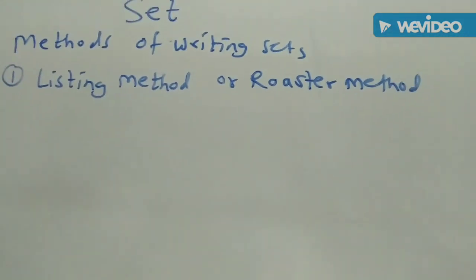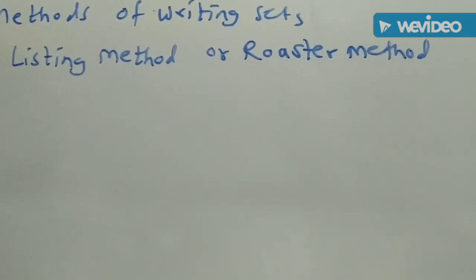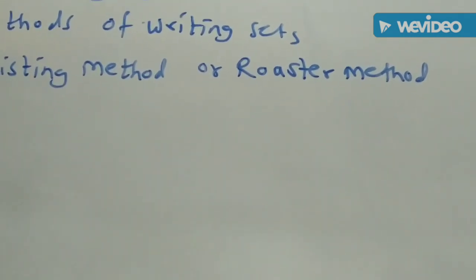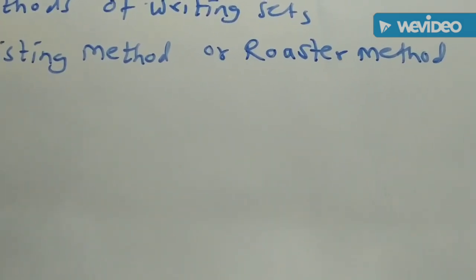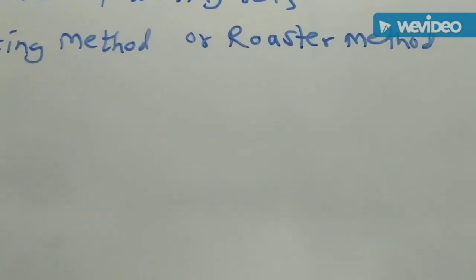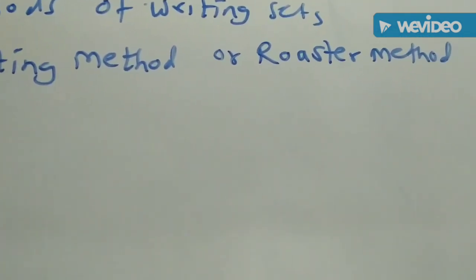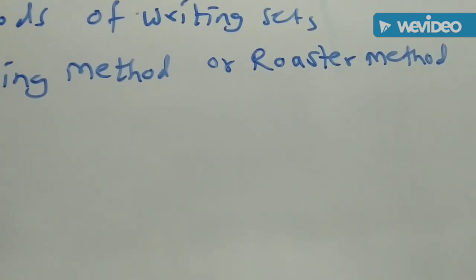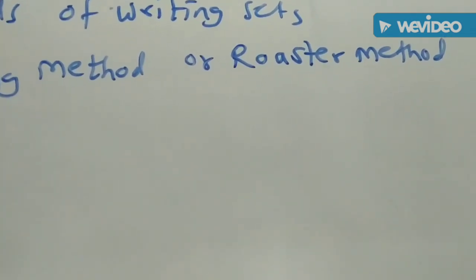Now what is the listing method? In this method we write all the objects of the collection or the set in curly brackets, each element is written only one time, and they are separated by commas. The order of the elements is not important in the listing method.